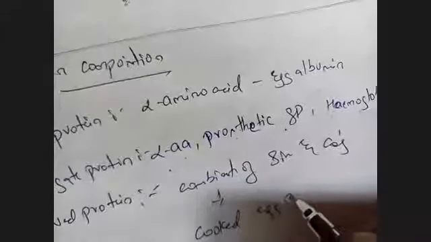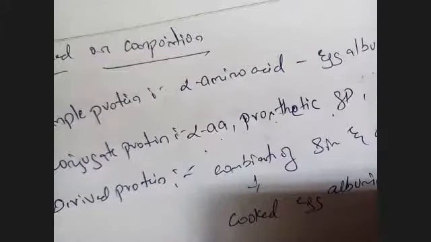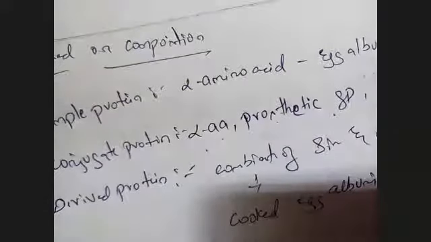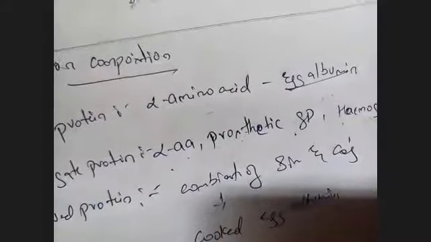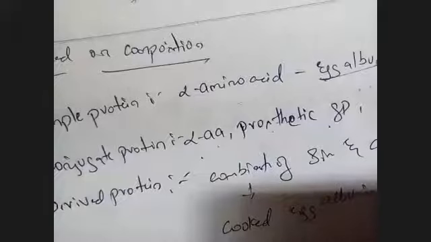It may be a conjugate protein or a simple protein, but when you give some temperature, when you heat it, it hydrolyzes. That is, when you take egg albumin and heat it up, you will get hydrolyzed albumin. So cooked egg albumin is the best example for your derived protein.